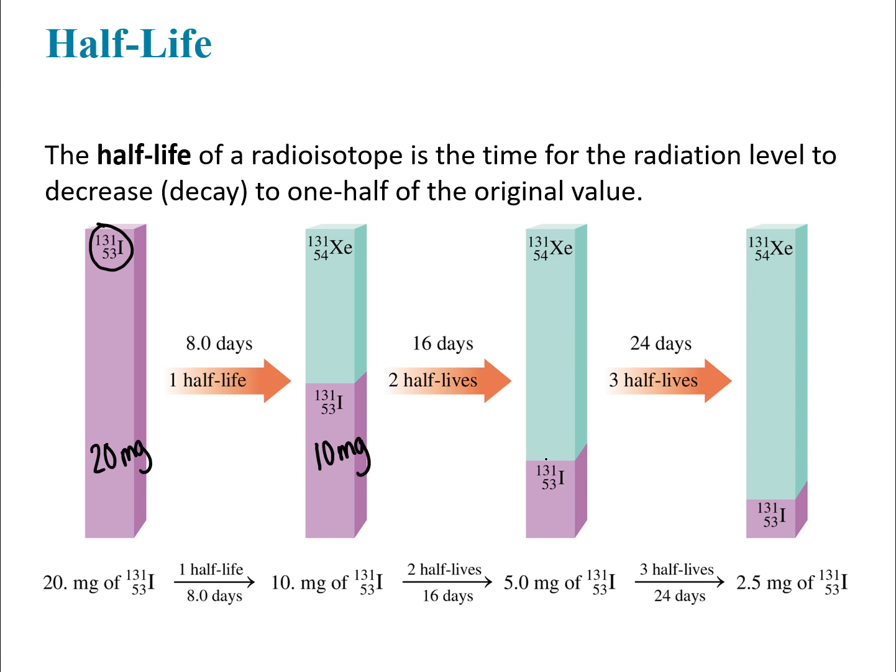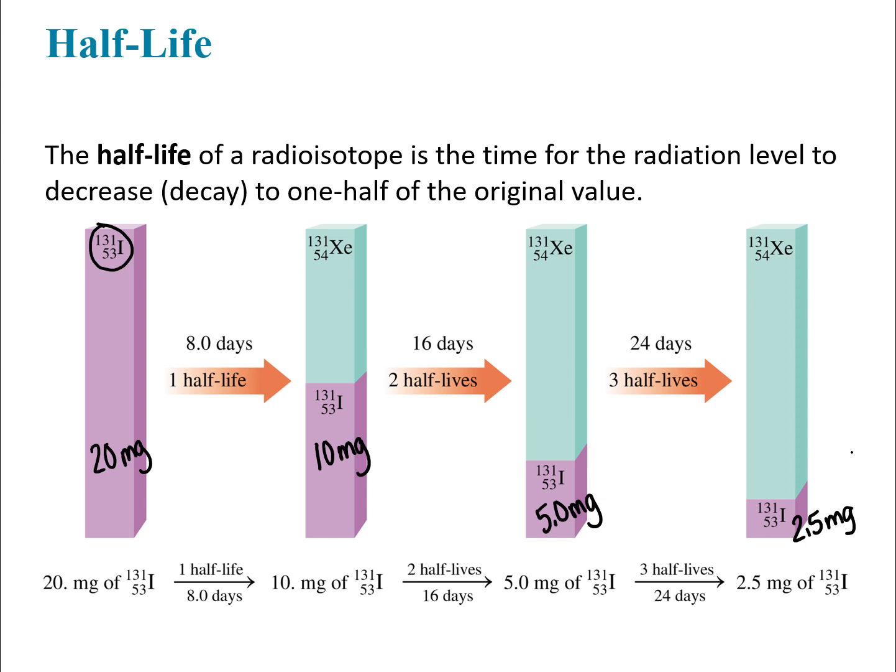If you wait an additional 8 days, you will have 5 milligrams of iodine left. And another 8 days still, 2.5 milligrams. So that's how a half-life works. You divide your amount by 2 for each half-life.